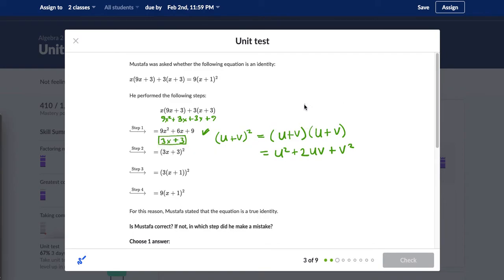Is it true that if we were to take 3x times 3 and then double it, it's equal to 6x? So 3x times 3 is equal to 9x, which if we multiply by 2 is equal to 18x, right? So we're actually expecting 18x here in the middle. So I can see there's actually a problem right here in step 1.